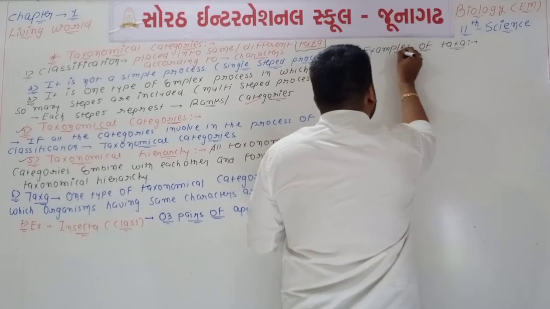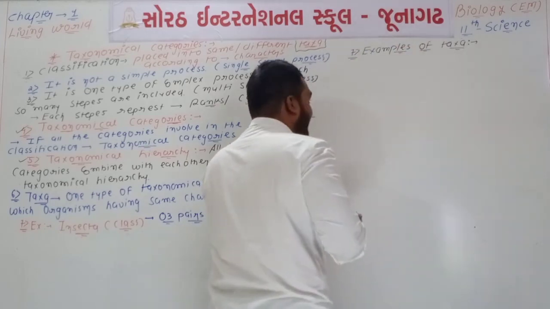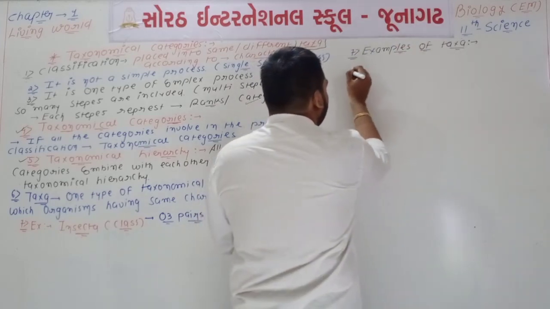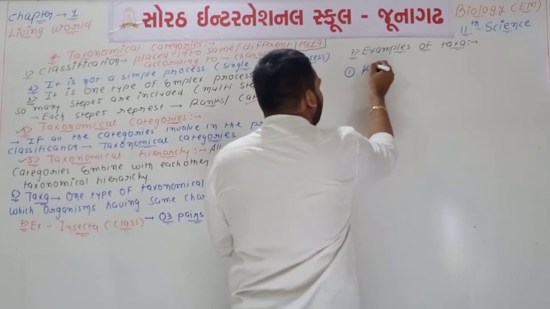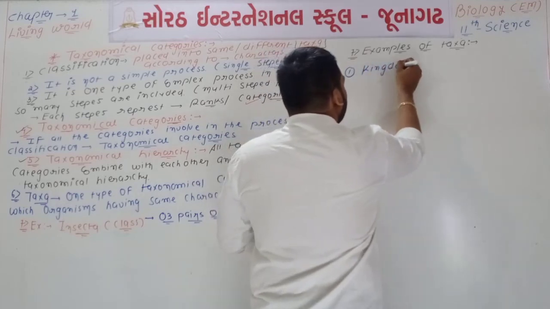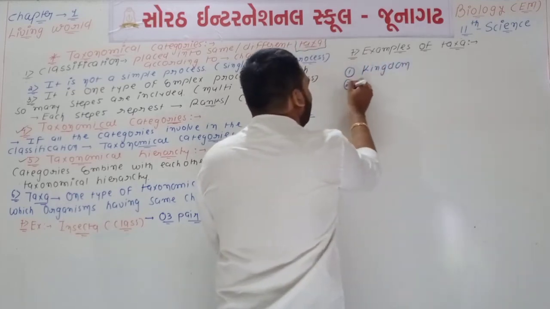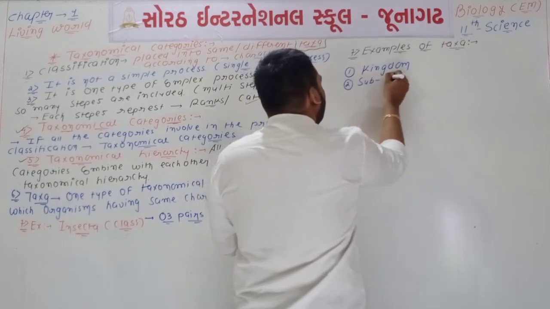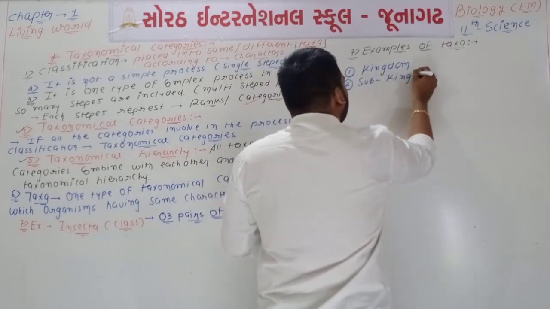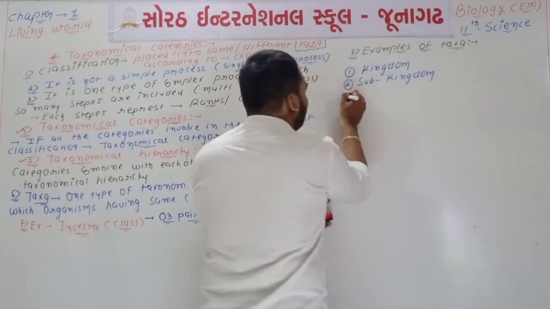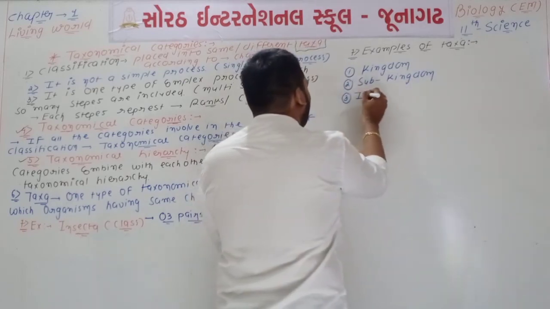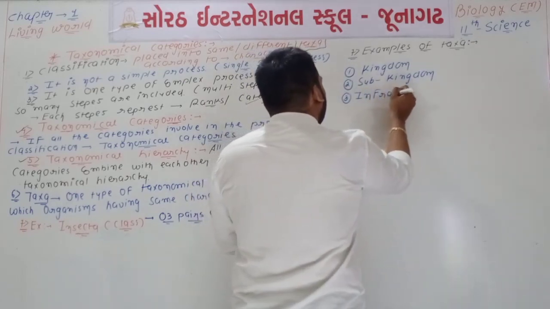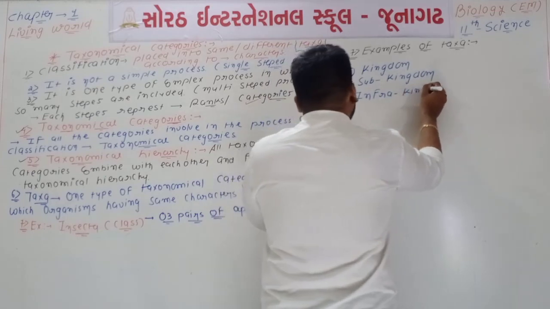See, I am writing some examples. The first example is known as kingdom. Second one is sub-kingdom. Third one is infra-kingdom.